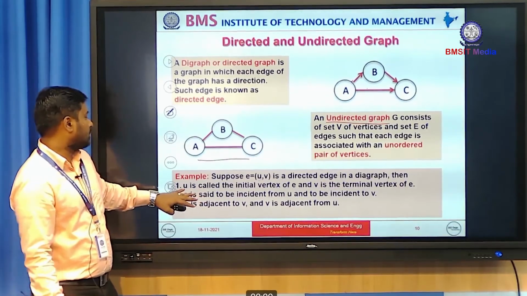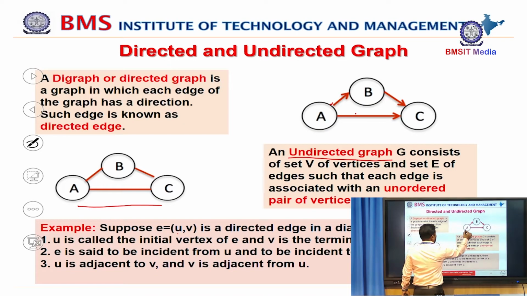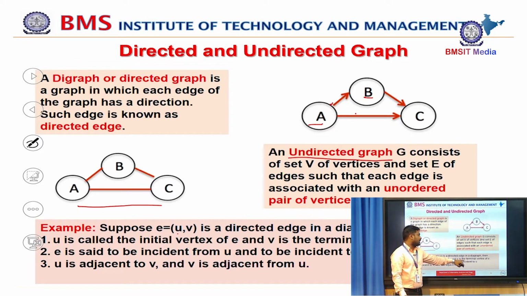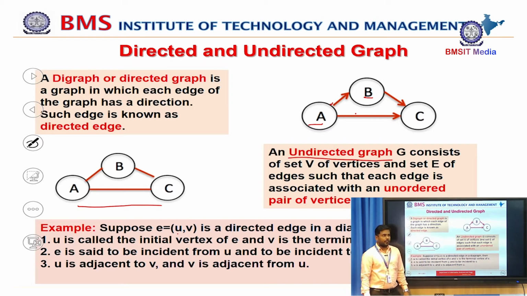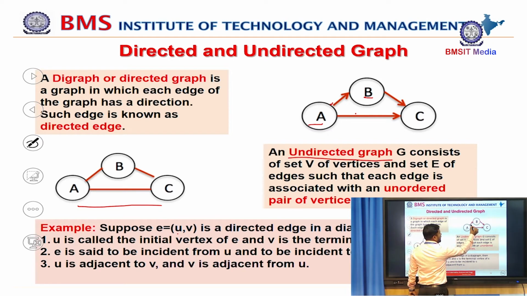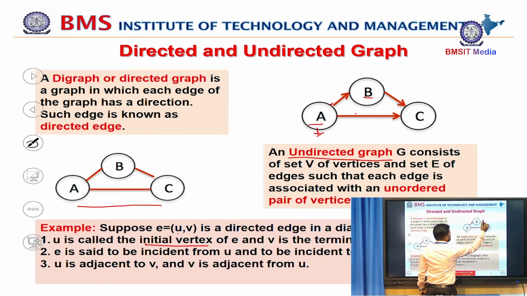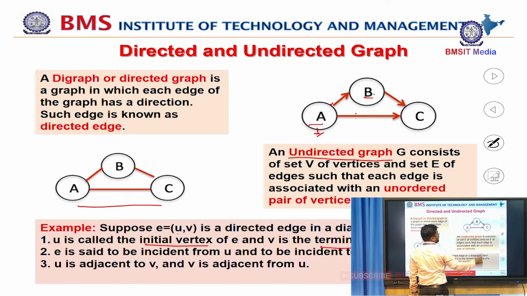Say, for example, if we consider A and B as U and V, we can say that U is called the initial vertex of E and V is the terminating vertex of E. Here we have an edge connecting from A to B. So A is considered the source vertex or initial vertex, and B is called the terminating vertex.